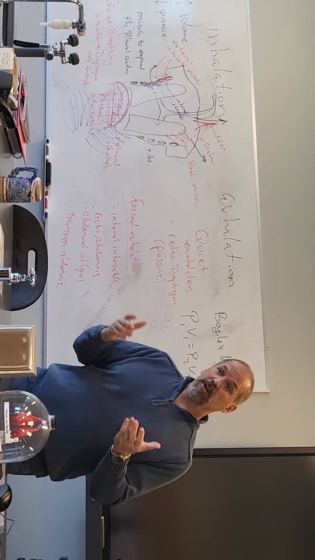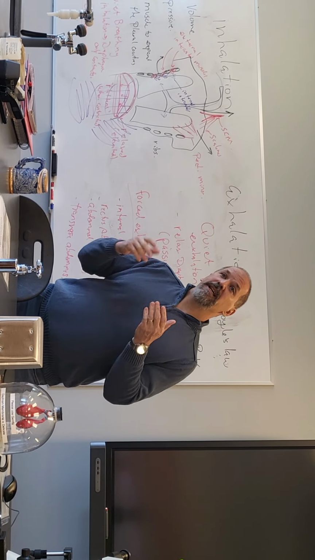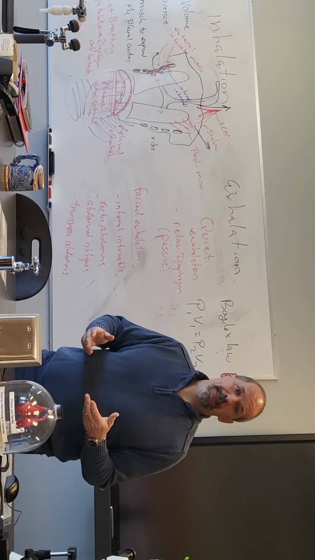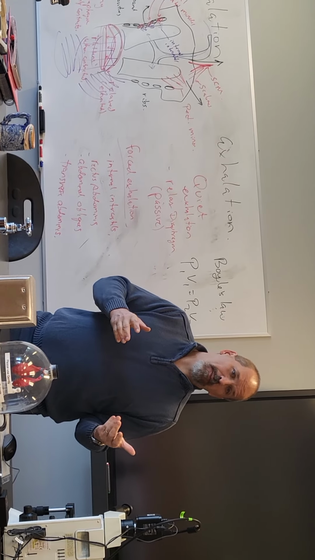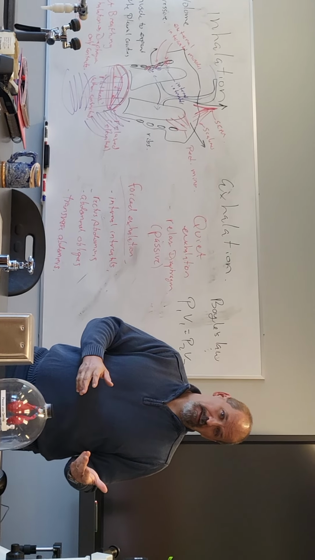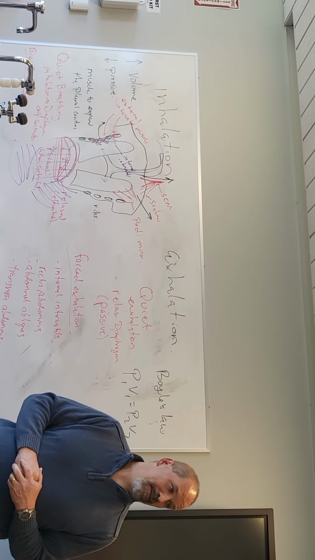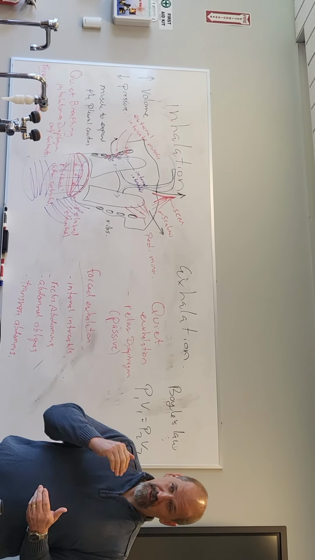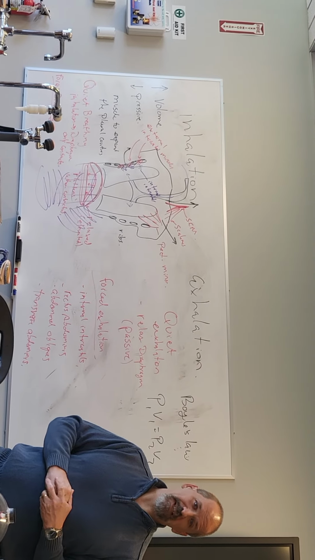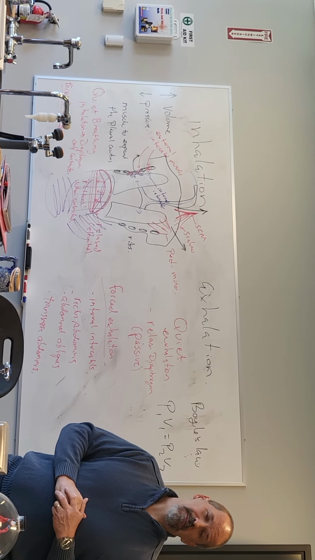Then, does it increase or decrease intrapulmonary pressure? And finally, does it aid in inhalation or exhalation? I'm going to be checking to see if you understand the correlation between those 3 events. Is that clear?